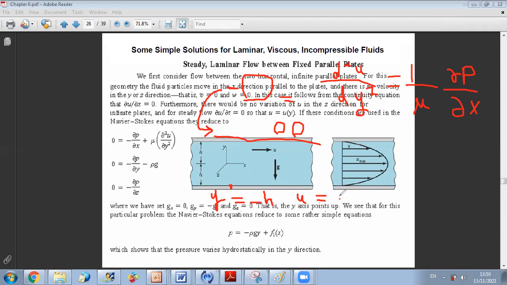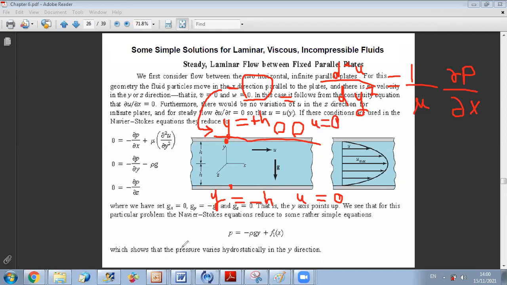And also we know that for the upper plate, at y equal to plus h, u is also 0. This will give me two equations, which will allow me to get the values of C1 and C2.